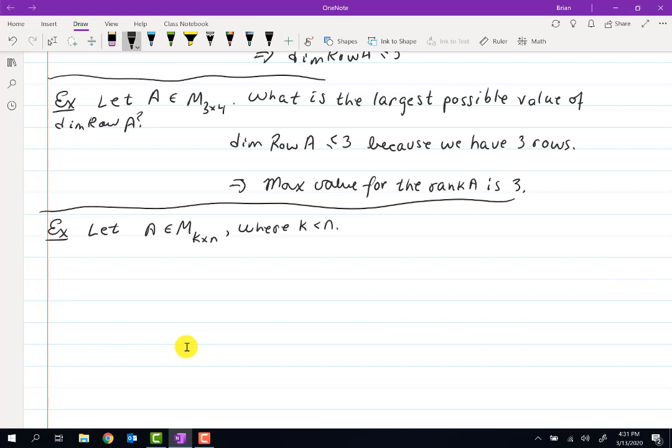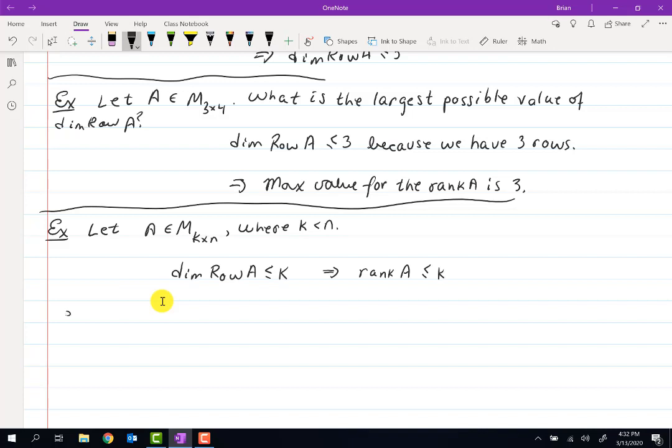Then what we know is that dim row A is less than or equal to k. The n's bigger, so I am limited only by the number of possible rows that we have. This implies that the rank of A is less than or equal to k as well.